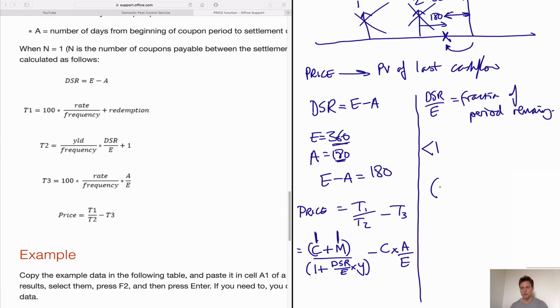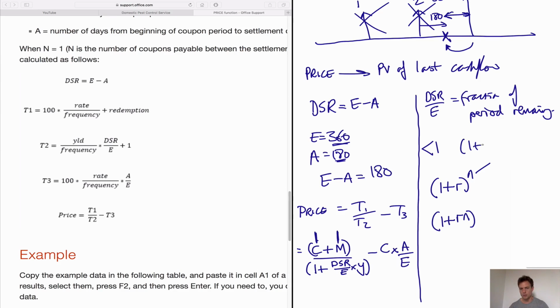Instead of what we normally do when discounting, which is 1 plus r to the power n, where n is the number of periods, when n is less than 1, when we have less than a whole period remaining, we write 1 plus r times n.